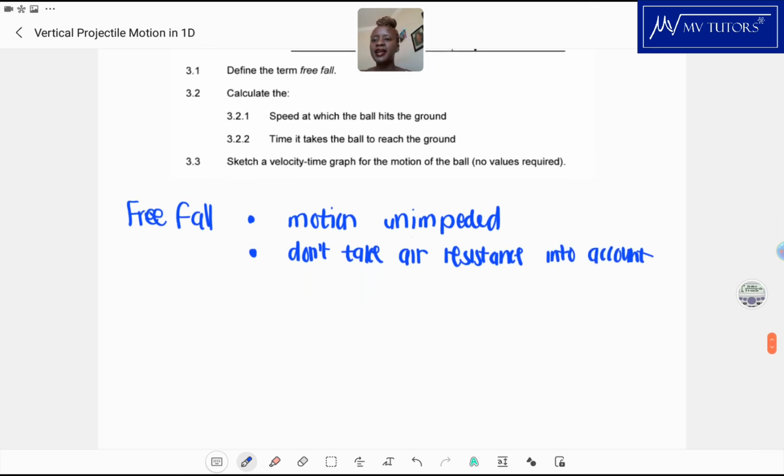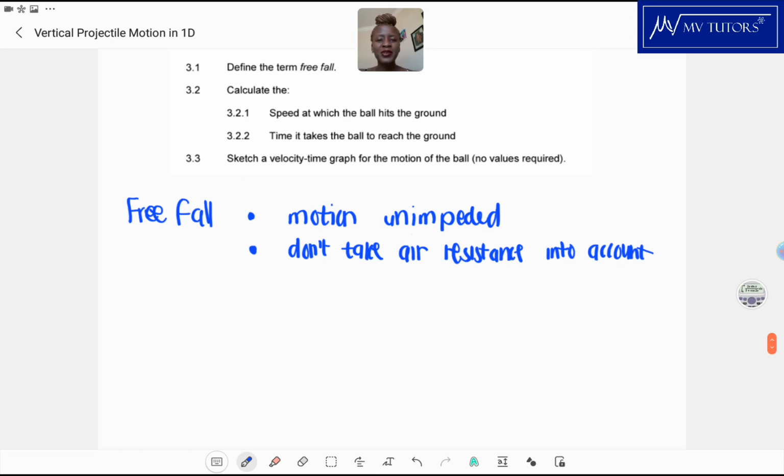And it's amazing that in the absence of air resistance, if you were to drop a feather and also drop a bar of gold, both of them will reach the ground at the same time. Because in projectile motion, you don't consider the mass of an object. In free fall, you're really just considering what's acting on it, which is just gravitational acceleration. And regardless of their mass, they will reach the ground at the same time.